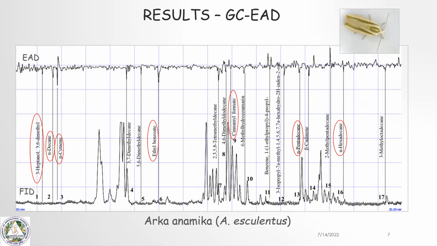There are 17 major compounds found to be attractive through this GC-EAD result. Of those, 7 compounds were found to be synthetically available. Further, the evaluation of these synthetic chemicals individually or in combination under various concentrations should be analyzed in field conditions for potential attraction.